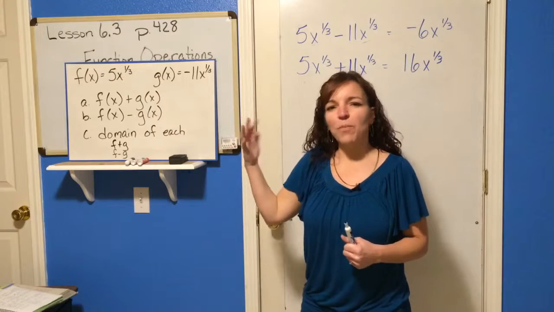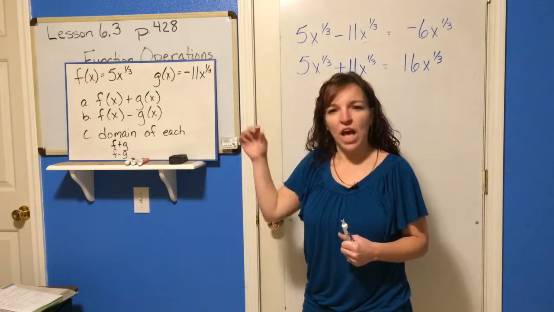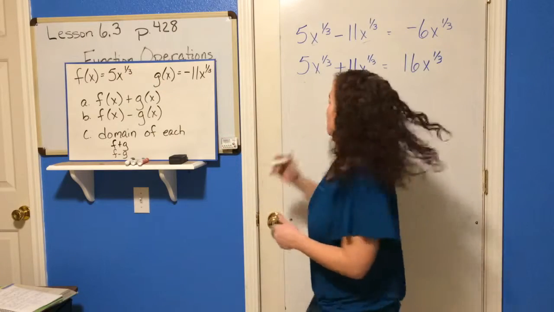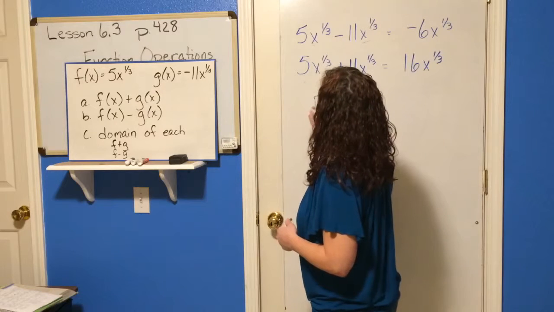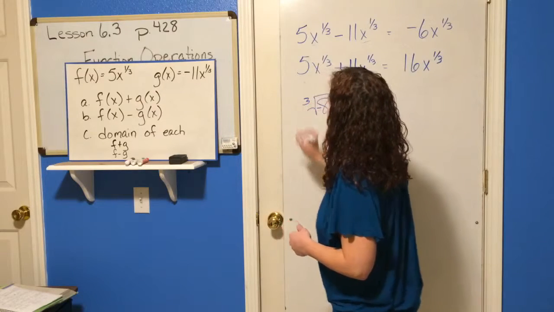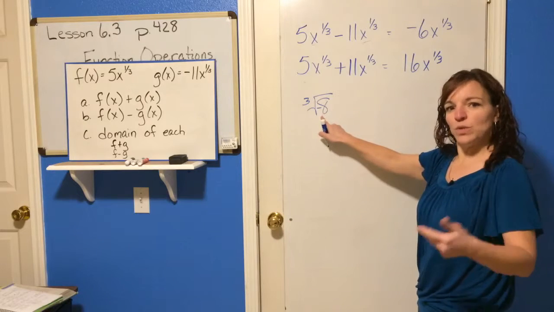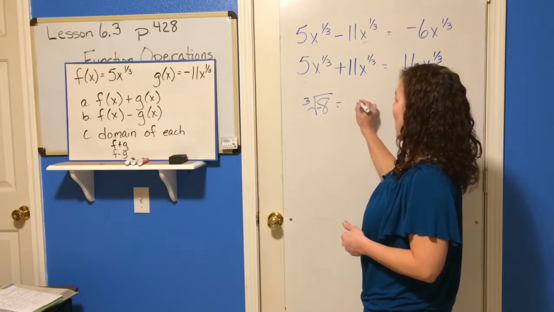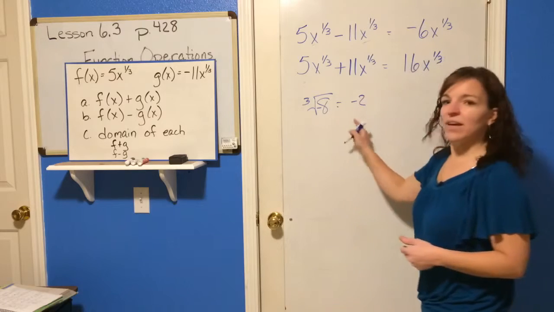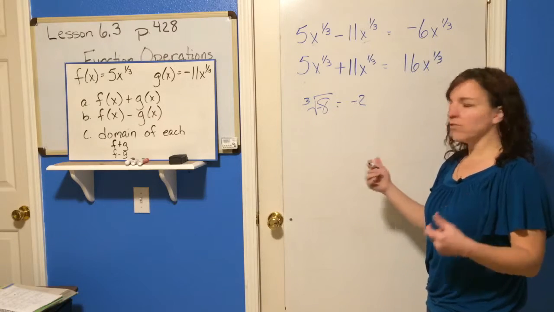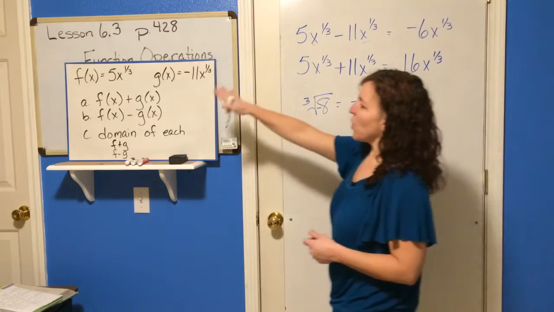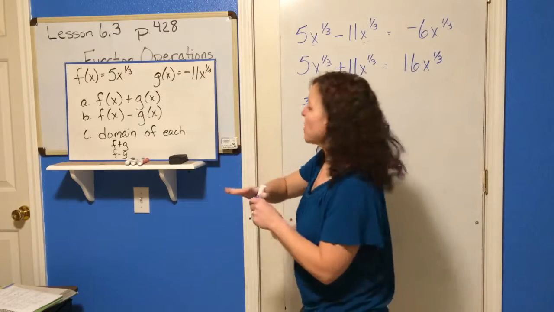So you can have either positive numbers or negative numbers under that root symbol. If you had a negative 8 cube root, well, negative 2 times negative 2 times negative 2 gives you negative 8. So you could have negative 2 be one of your answers. So anything you put in for x will work.